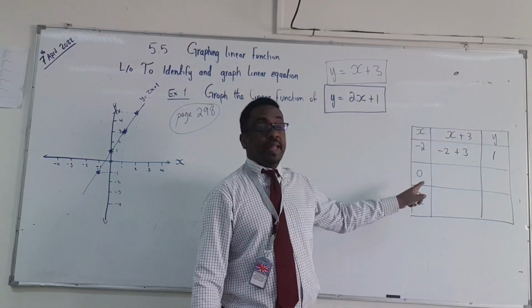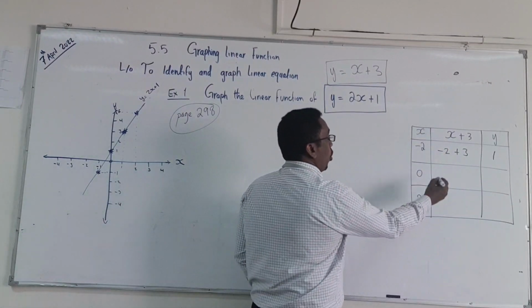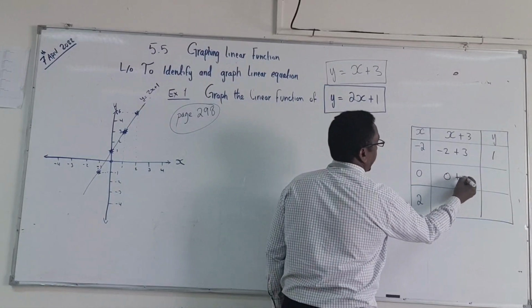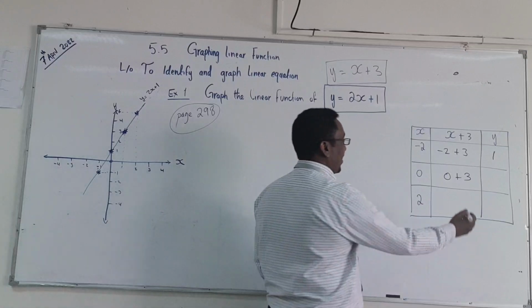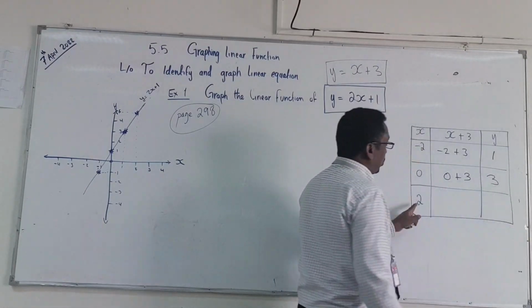Now replace the x with 0. So 0 plus 3 is 3. Well done. What about 2?